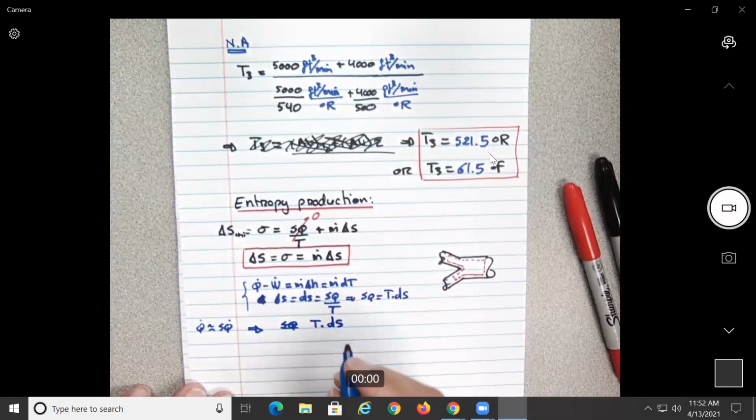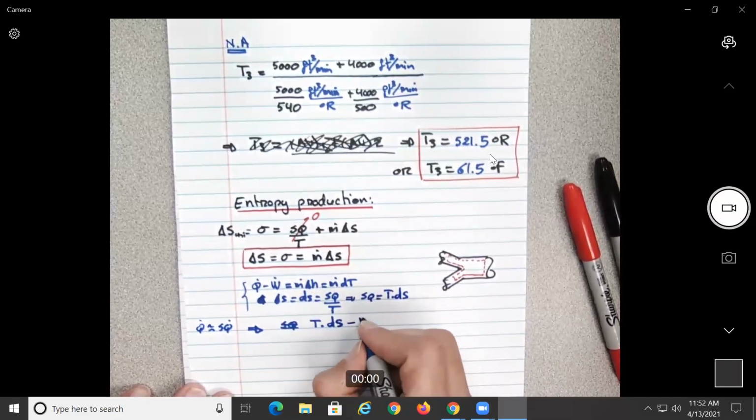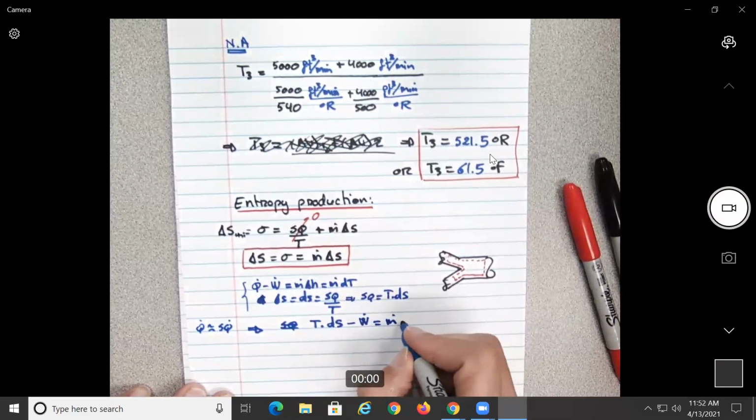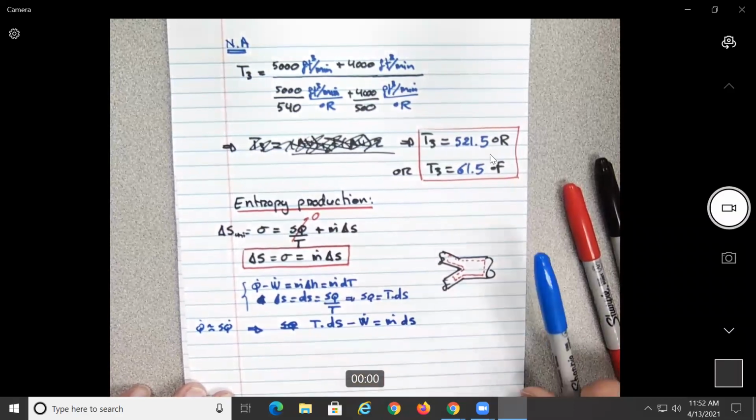The TdS minus power, which is 0, will be equal to the m dot dS.